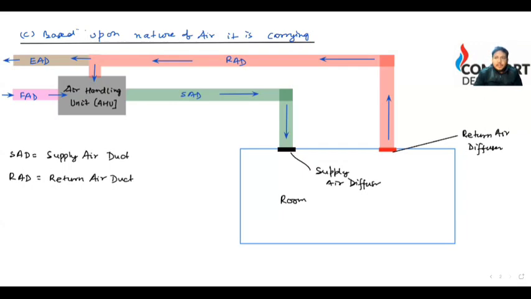Okay, I will explain. Okay, let me complete this drawing first. So EAD is what? That is your exhaust air duct. It takes the air either from indoor unit or from room to outside. So that is your exhaust air duct.